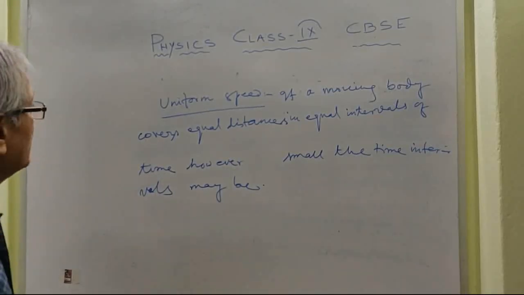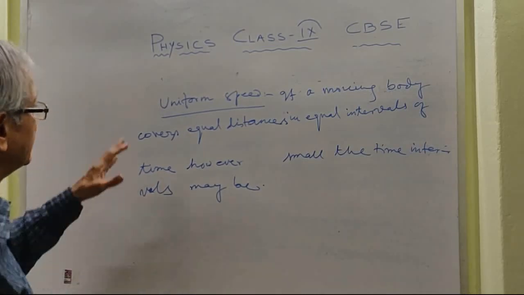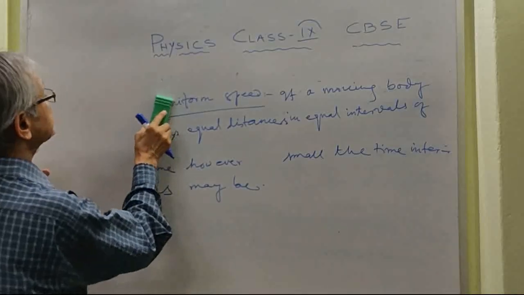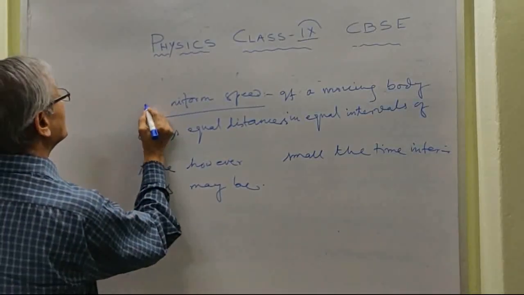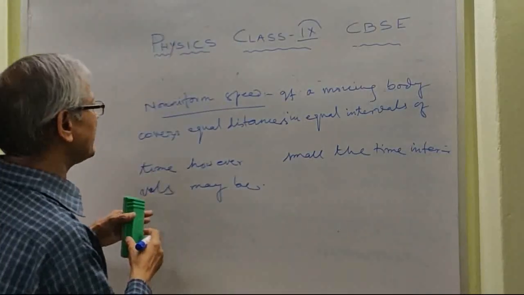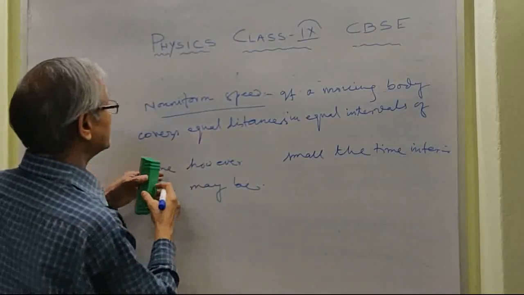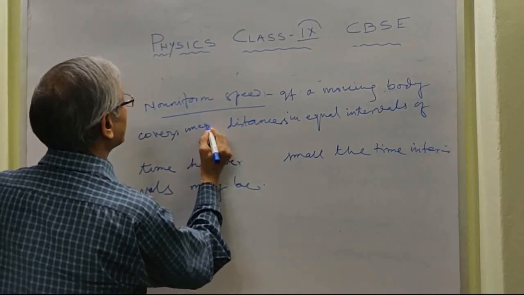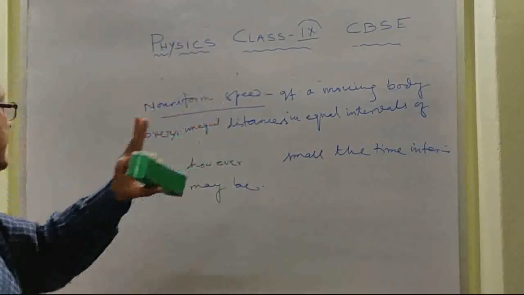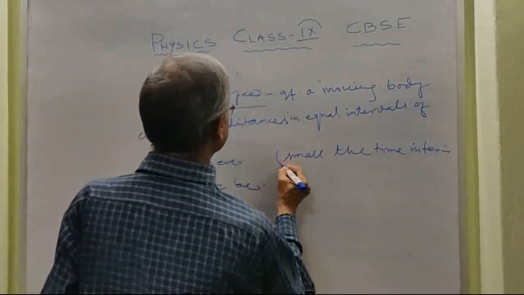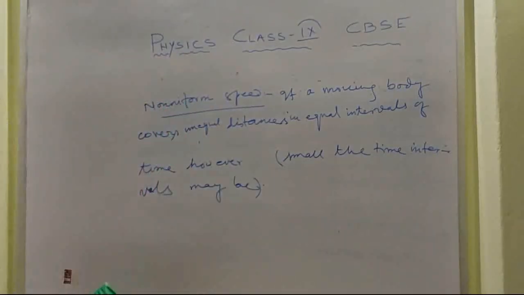Now, we know about non-uniform speed. You may write, this is non-uniform speed, just uniform is changed into non-uniform. If a moving body covers unequal distances in equal intervals of time, however small the time intervals may or may not be written in the case of non-uniform speed.